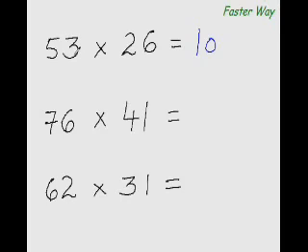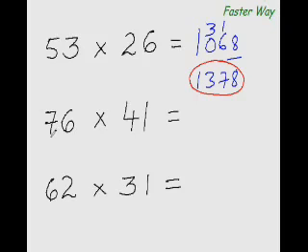So 2 times 3 is 6, and 30 plus 6 is 36. Now for the last digit, all you need to do is multiply the last digits together. So 3 times 6 is 18. So write 1 here, 8 here. 10 plus 3 is 13, and this would be 78. This is our answer. Now you try to do this one.